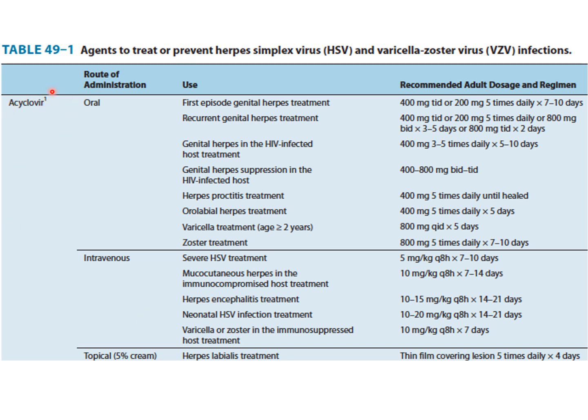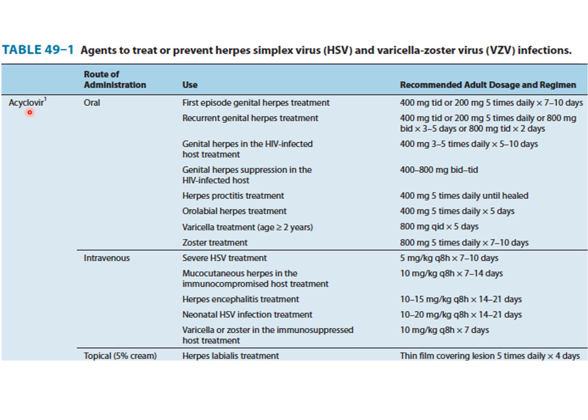We can see the first drug here is acyclovir, and it can be administered orally, intravenously, or topically. These are a summary of its indications, and as we mentioned earlier, we are not going to worry about memorizing doses, but this can help us see the differences between the doses for the different drugs.